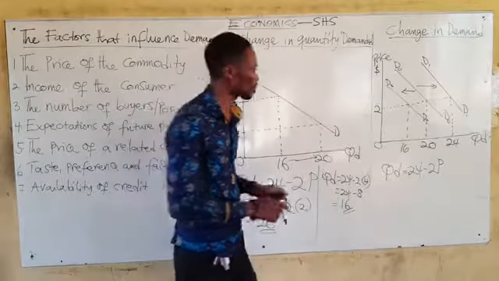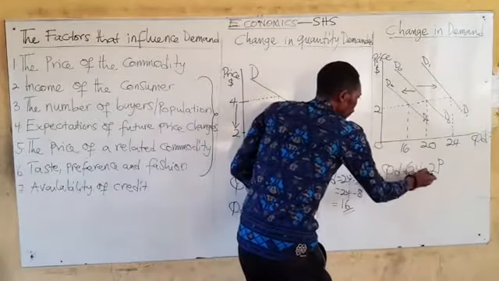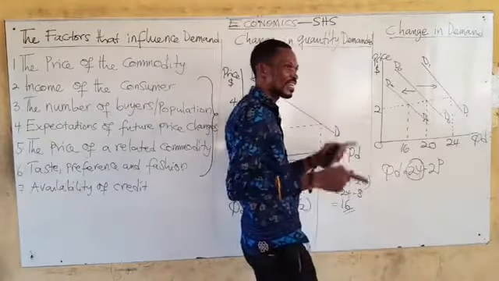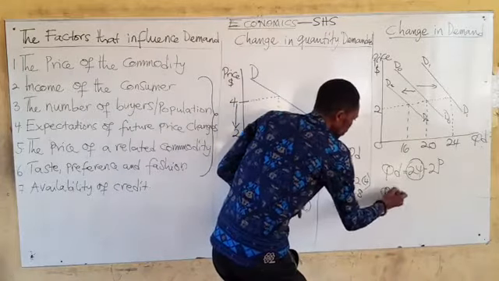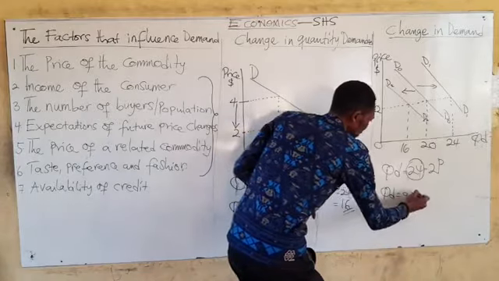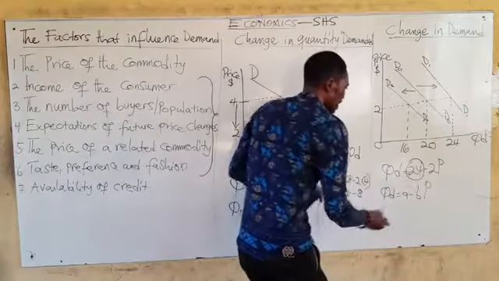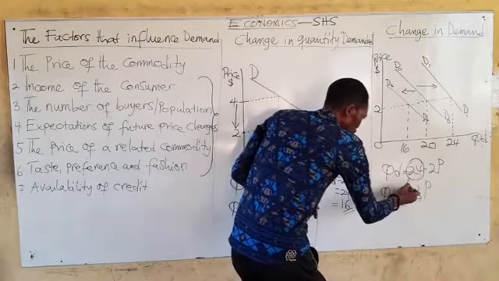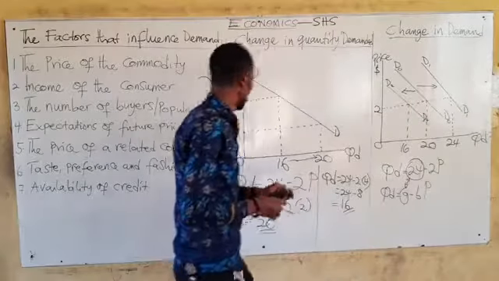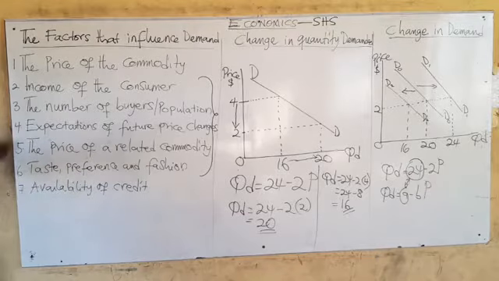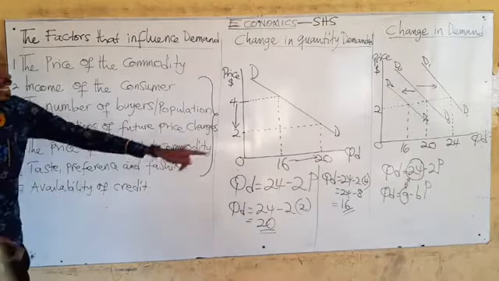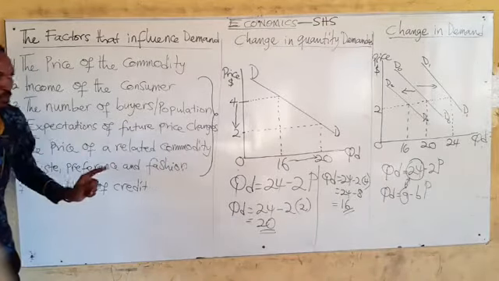What is it telling you? It means that this particular 24, in the other videos that I showed you, I wrote it this way: QD equal to A minus BP. The A is similar to the 24. Factors 2, 3, 4, 5, 6, 7, all other factors influence A, not BP. Never.